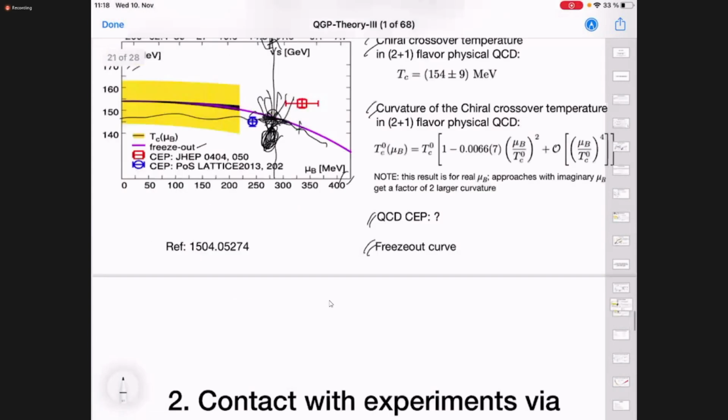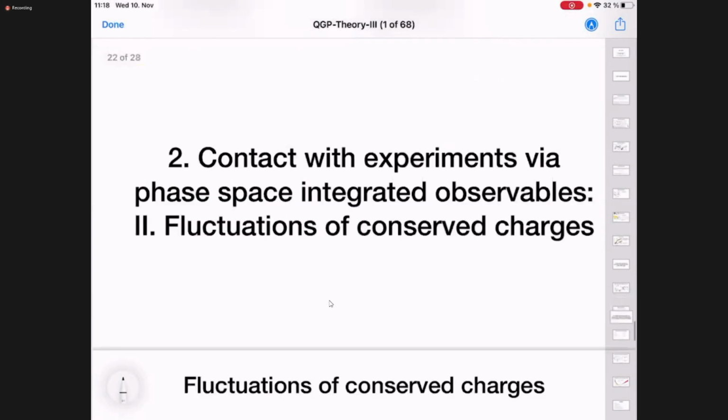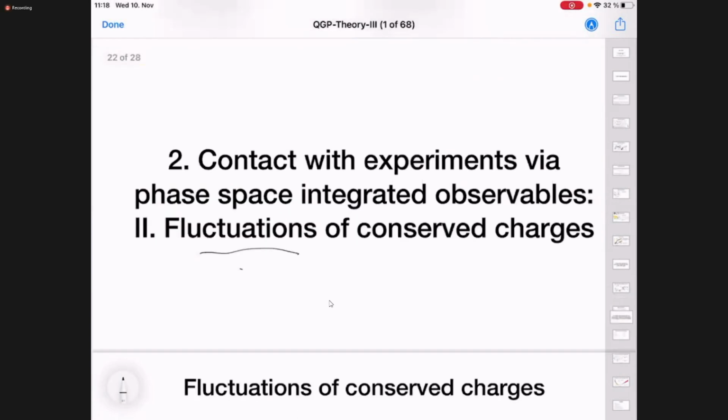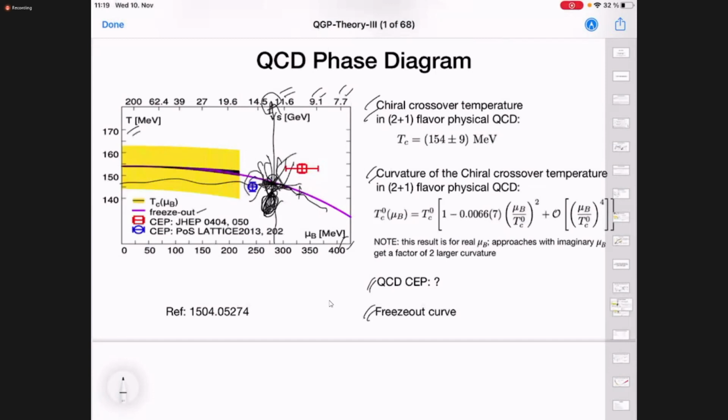And so this is with the yields, and one could do the same story now with the fluctuations of conserved charges. Although in the community, this observable, fluctuations of conserved charges, was first introduced in the context of trying to locate the QCD critical point, right? Because the idea is that close to the critical point, the correlation length diverges.